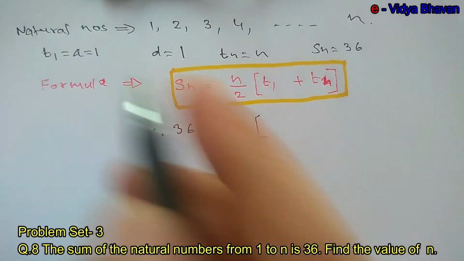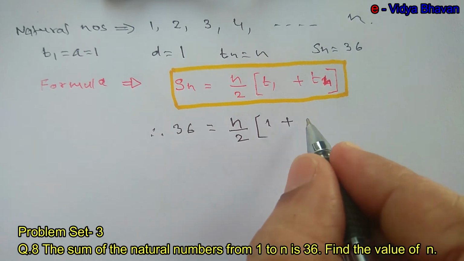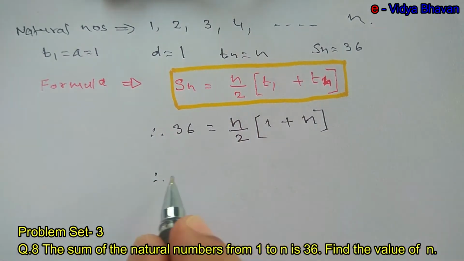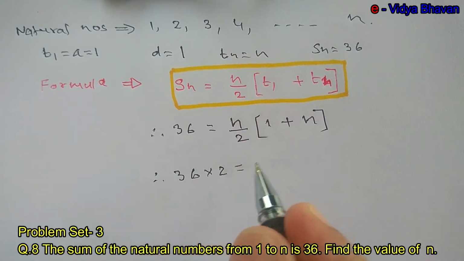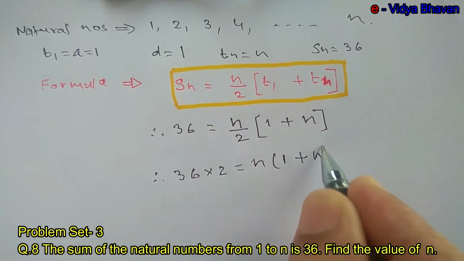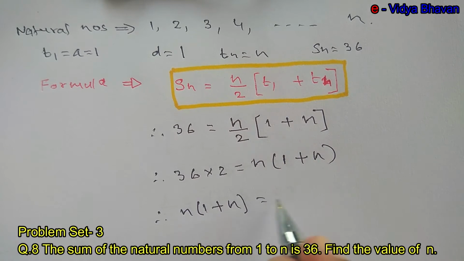T1 we know it's 1. And Tn we know nth term, it is n. Therefore, this 2 will come this side. So 36 into 2 equals n into 1 plus n. Therefore, 36 into 2 is 72 we will get, so n into 1 plus n equal to 72.